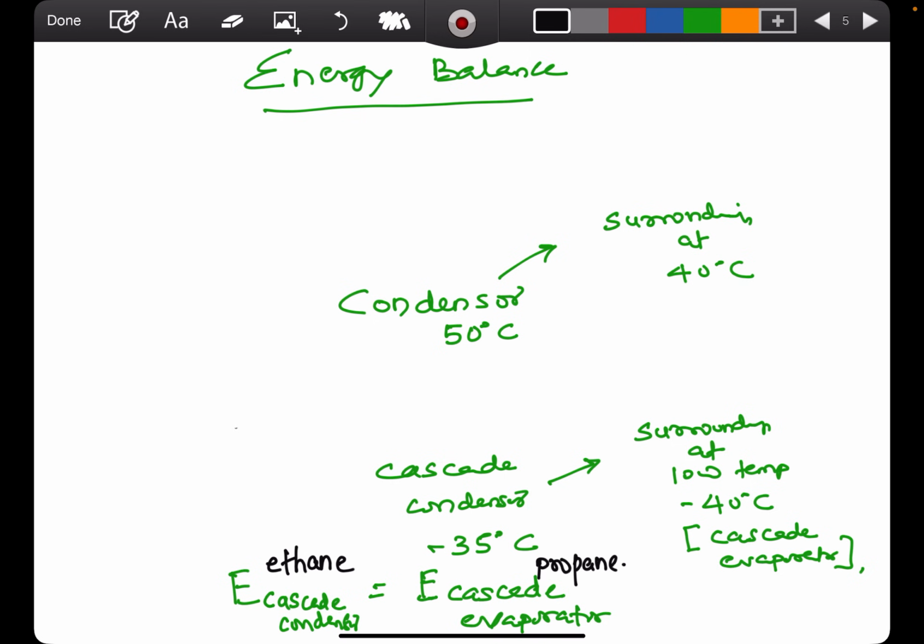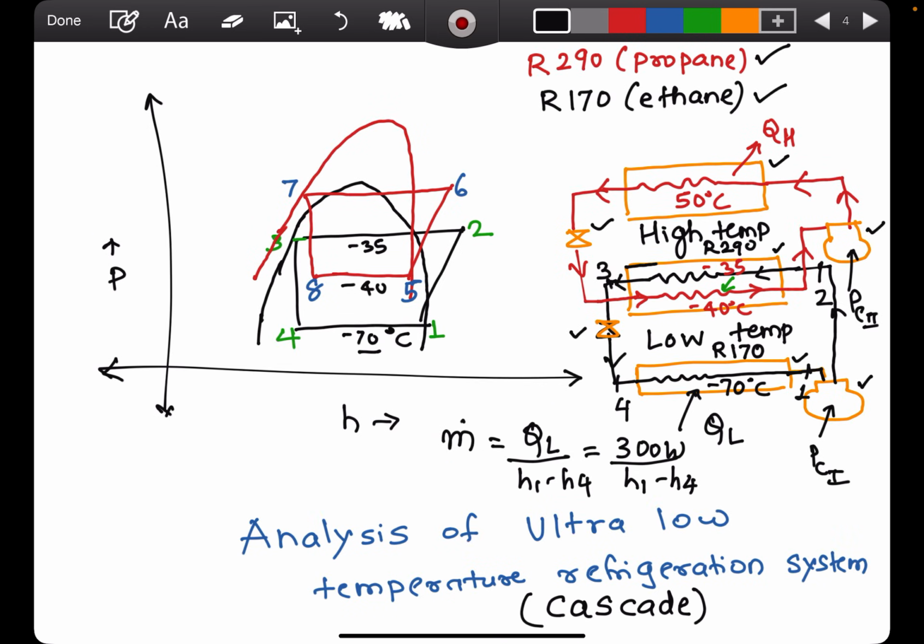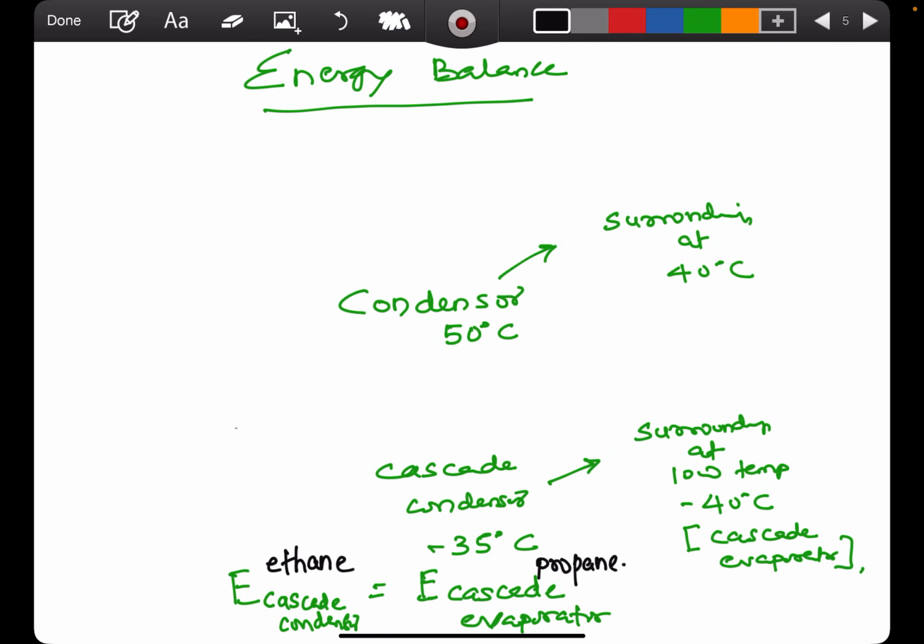So the energy balance becomes like this. The heat rejected by the cascade condenser means m dot H2 minus H3, and this m dot is of ethane. This is the heat which is rejected by the cascade heat exchanger.